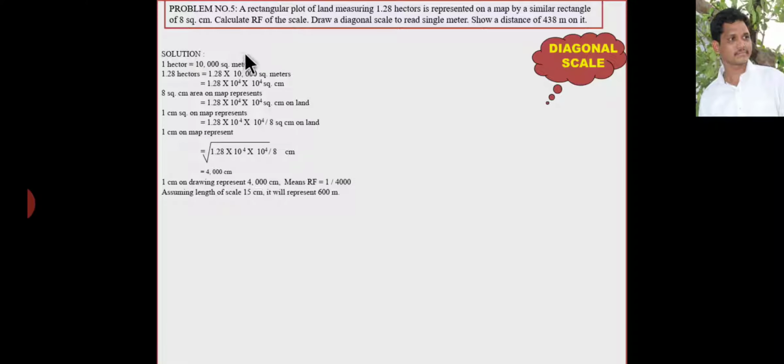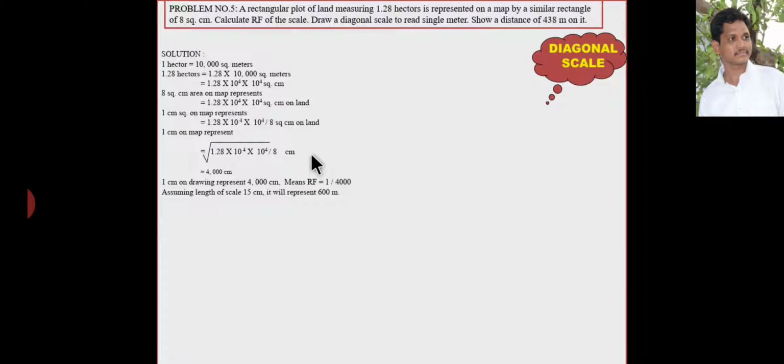So first you have to know the value of a hectare. 1 hectare equal to 10,000 square meters. So 1.28 hectares equal to 1.28 into 10,000 square meters, equal to 1.28 into 10 power 8 square centimeters, and 8 square centimeters equal to like this.